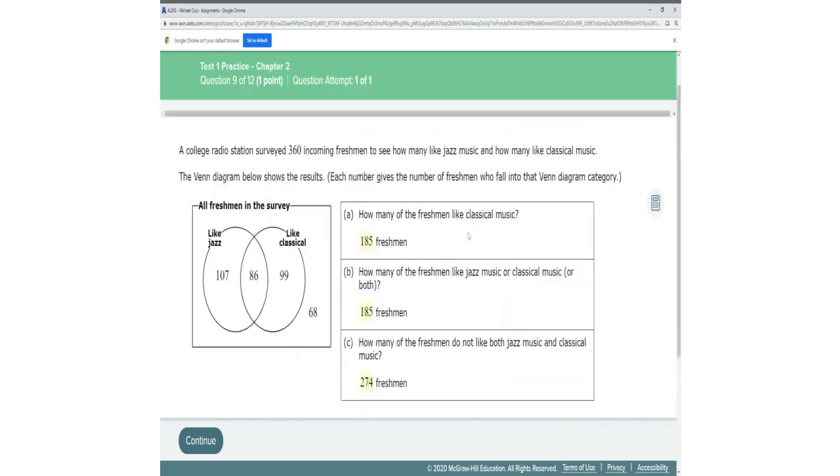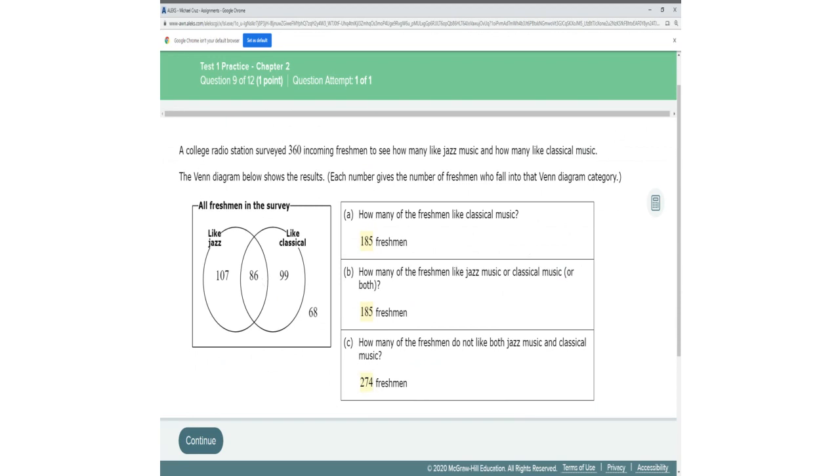Okay, that's what we call the union. All right, that's all three of these. These people like jazz. These people like classical. And these people like both. That's what we call the union. It's in the three sectors. Anything that's in any of the three sectors. Well, they're going out of their way here, even though they don't need to. It says or both.